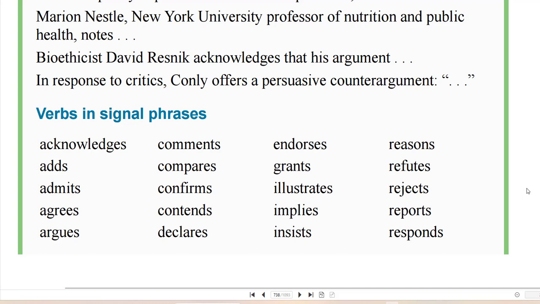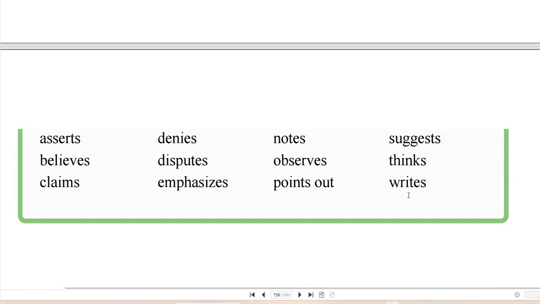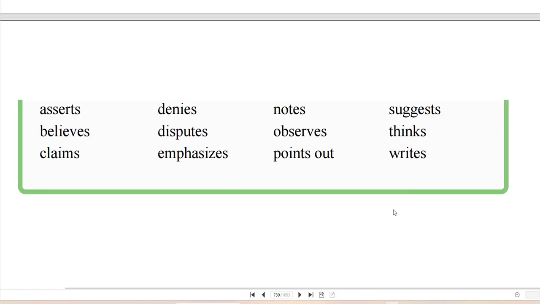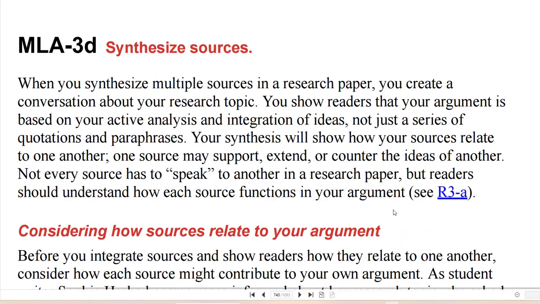Acknowledges, adds, admits, agrees, argues, comments, compares, confirms, contends, endorses, grants, illustrates, implies, insists, reasons, refutes, rejects, reports, responds. And you can look up signal phrase verbs by Googling it and have your own lists. There are so many of them. I'm not going to read them all out, but you could always Google it for yourself.